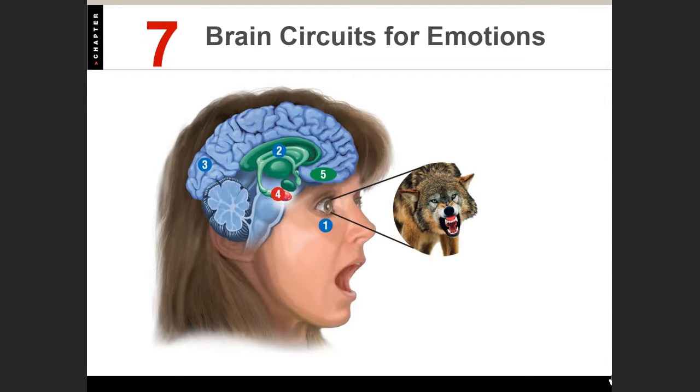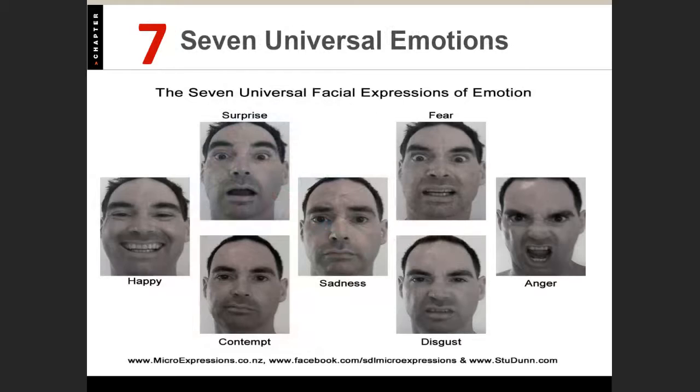So now let's look at the 7 universal emotions. These are the different emotions: happy, surprise, contempt, sadness, fear, anger, disgust. And so those are the 7 universal emotions that have been put together by psychologists and neuroscientists.